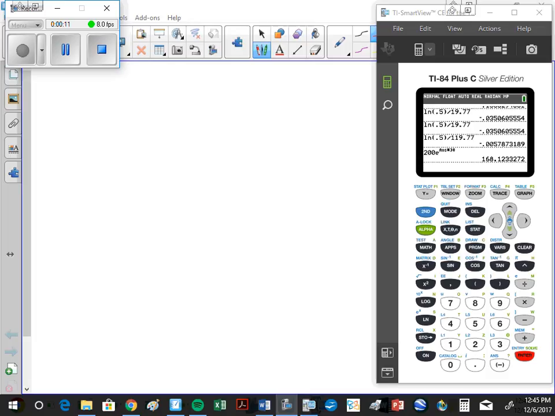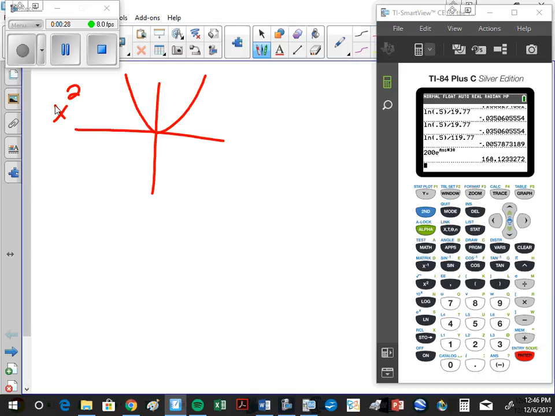So today we are going to be transforming graphs that have an exponent larger than 2. An x squared graph looks like this. And an x to the 4th graph, just x to the 4th with nothing else on it, would look like this.